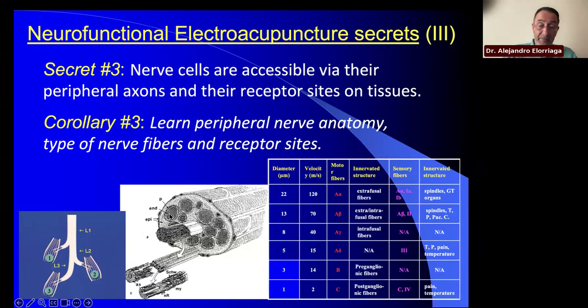Every individual axon has endoneurium, sorry, endomysium is the muscle, endoneurium. Then we have perineurium, which wraps every fascicle group of axons. And then we have the epineurium, which covers all. In between, we have vessels, and we have also other nerve branches that are not part of the nerve proper.